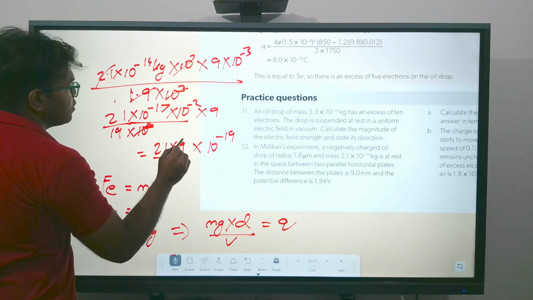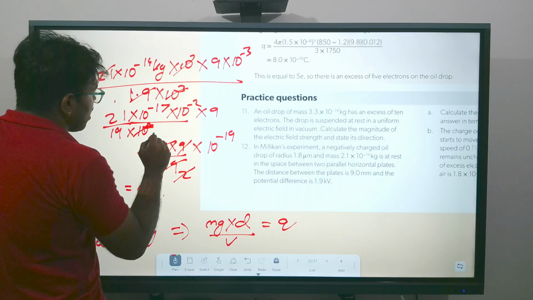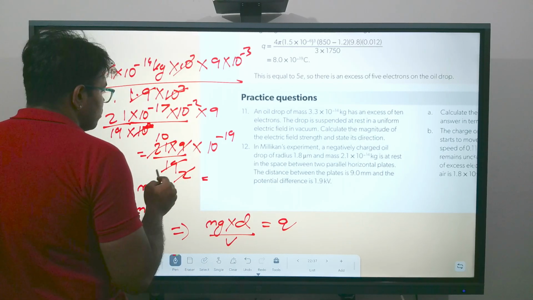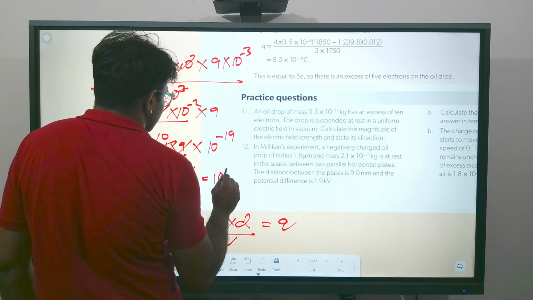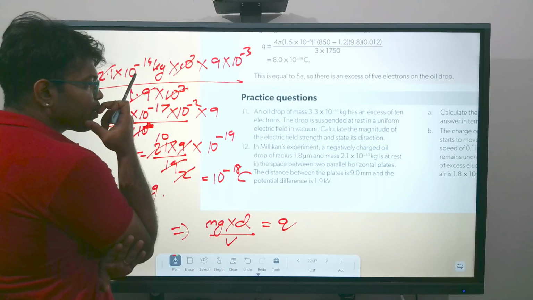So 9 2s are 18, 2 approximately 10. So this becomes equal to 10 to the power of minus 18 coulombs.